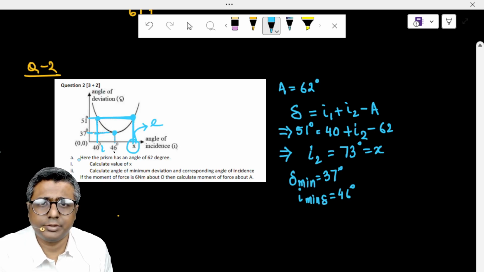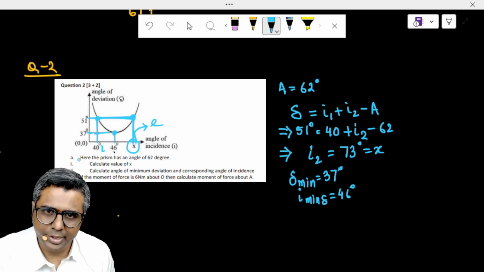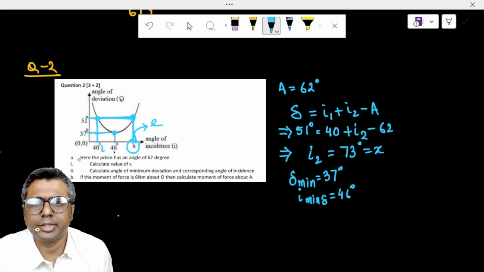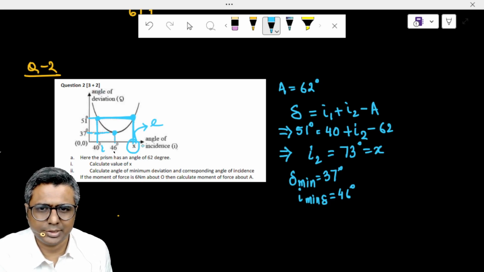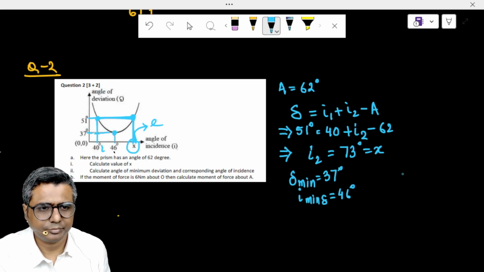The details of this concept, why this is happening, can only be explained in class. This cannot be explained in this short session. So you may ask this in class. I will definitely explain this. During teaching I have already explained this one.